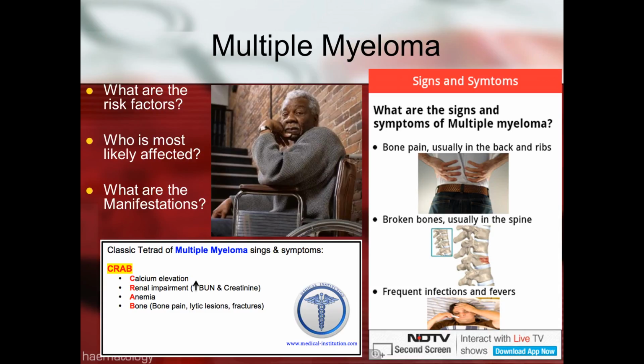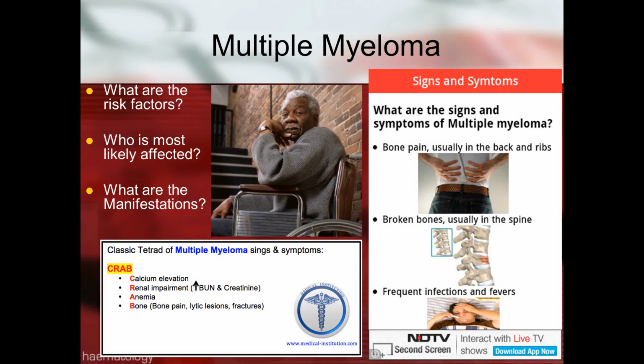When you see light chain, or when it's excreted in the urine, it's called Bence-Jones proteins. So if you see Bence-Jones proteins, or you talk about an M spike, or M proteins, we're talking about multiple myeloma. These are classic things for this disease.